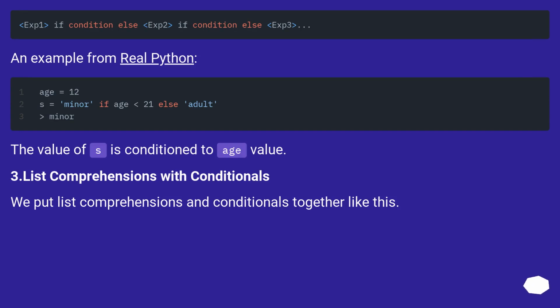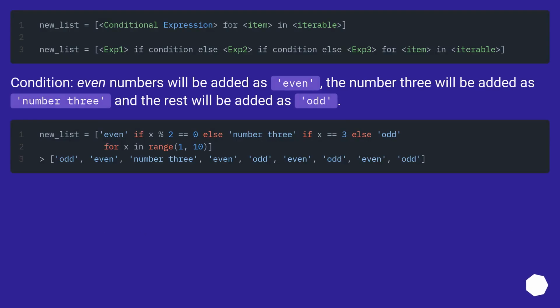3. List comprehensions with conditionals. We put list comprehensions and conditionals together like this. Condition: even numbers will be added as even, the number 3 will be added as number 3, and the rest will be added as odd.